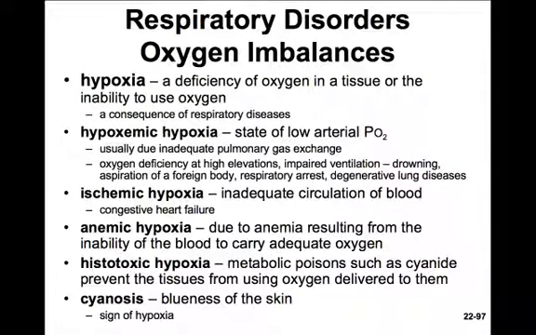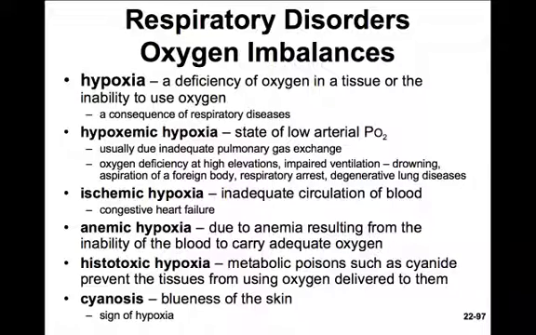There are a number of different respiratory disorders and oxygen imbalances. Your text goes into many more of these conditions. Perhaps you're interested in highlighting one of them for your final project. Hypoxia is a deficiency in oxygen in tissue, and it's a consequence sometimes of respiratory disease.